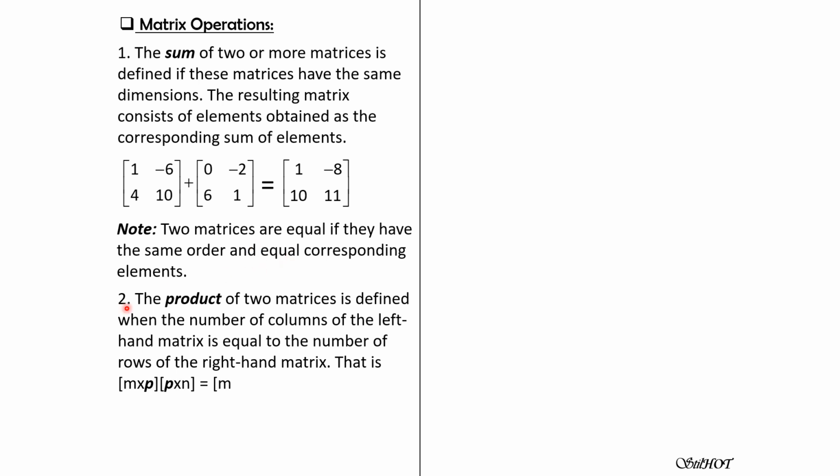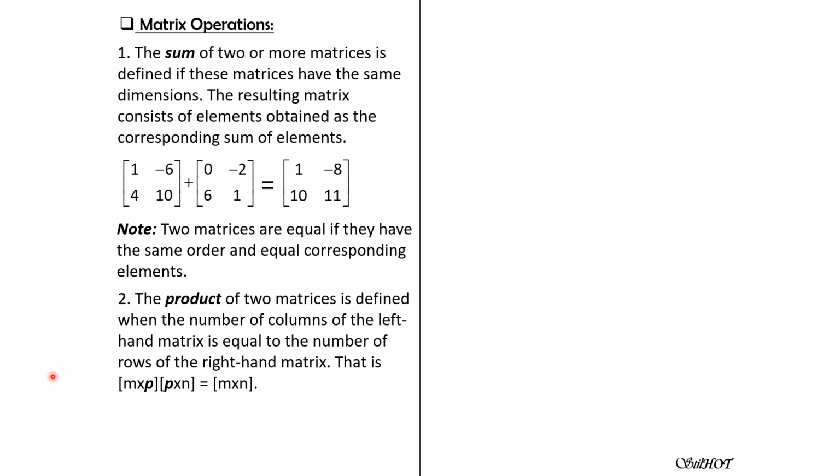It is emphasized that the number of columns in the left-hand matrix, or first matrix, is equal to the number of rows of the second matrix. So in other words, you can simply multiply square matrices with the same dimensions or orders. The result would be m by n.